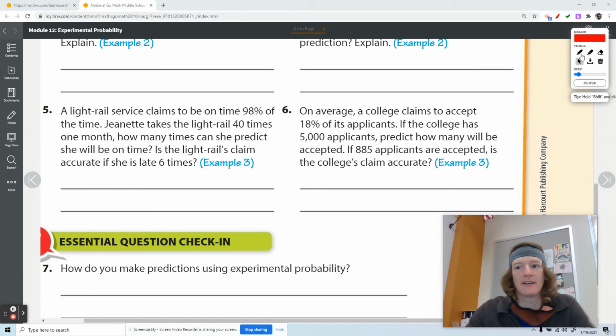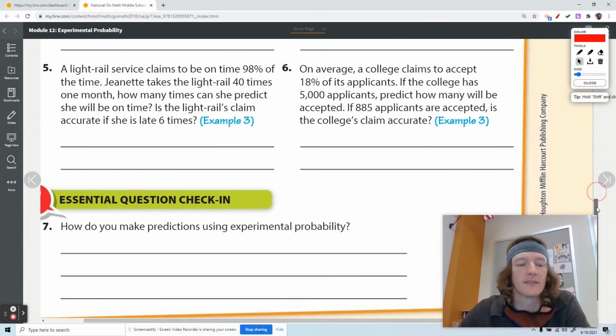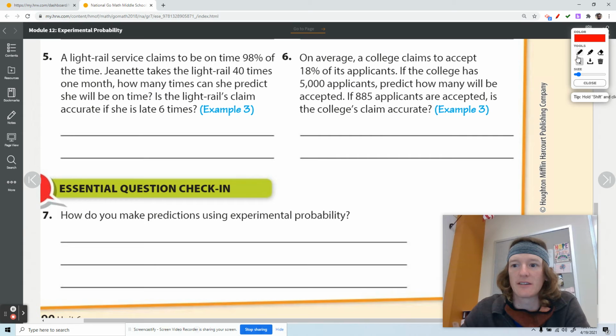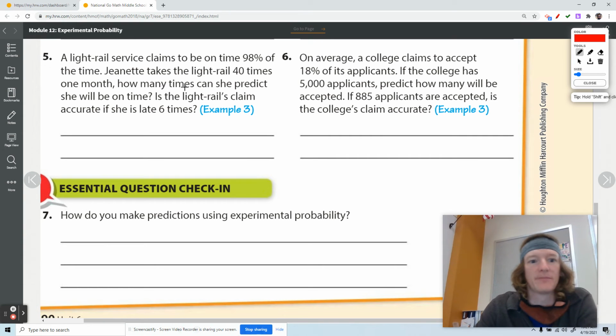Number 5, a light rail service, it's like a train, claims to be on time 98% of the time. Jeanette takes the light rail 40 times in 1 month. How many times can she predict it will be on time?